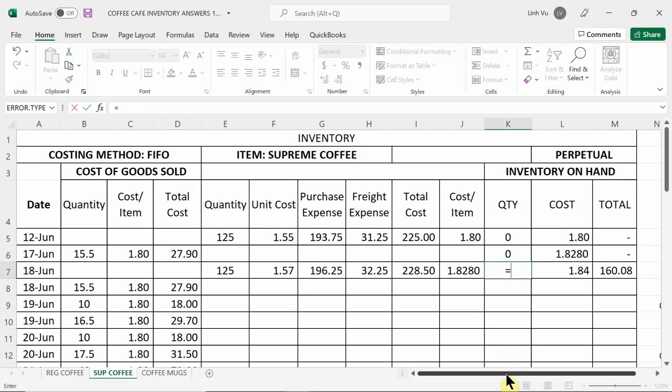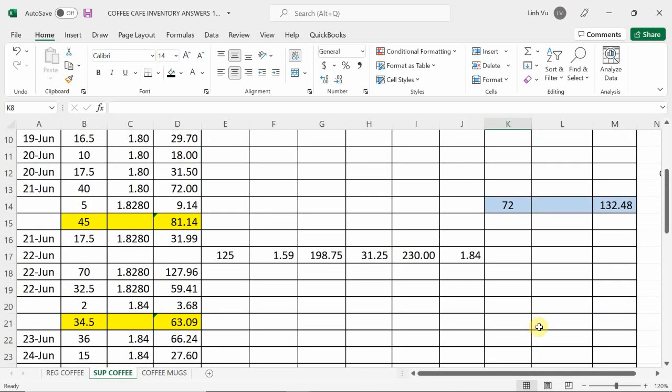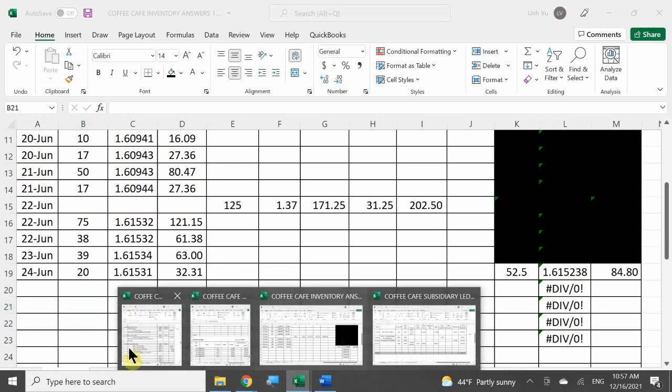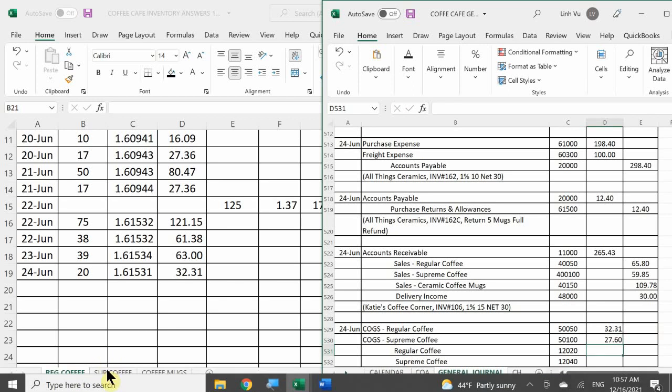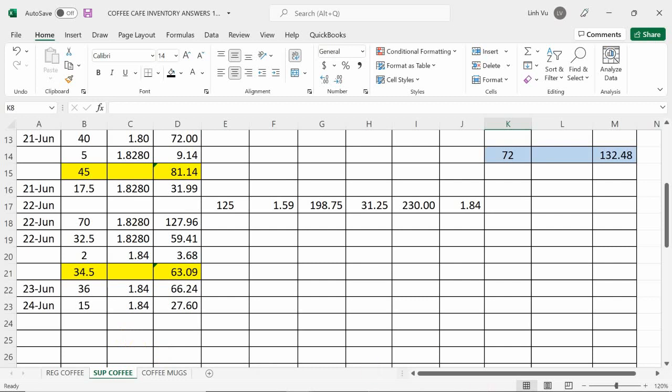If I have 87 remaining and I sold 15, I should have $132.48 remaining. So I got $27.60 for my Supreme, and $32.31 for my regular.